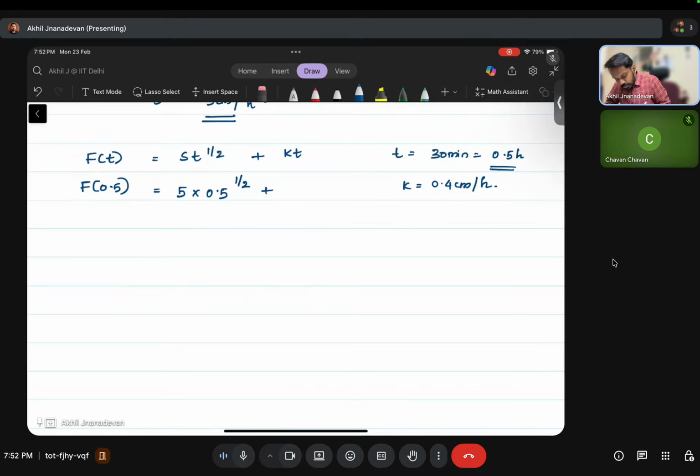we will be getting 0.4 into 0.5. So this will be somewhat nearly 5.5355 plus 0.2. And if you take the sum, f at 0.5 will be 3.7355 centimeter.